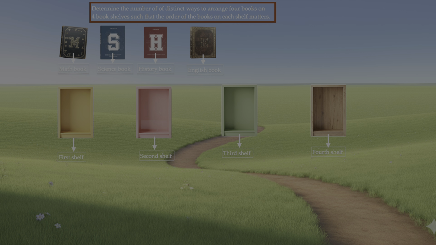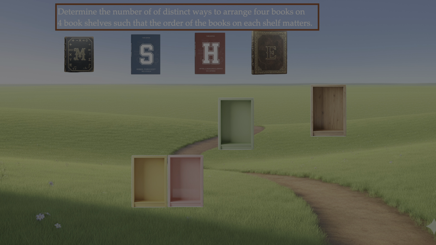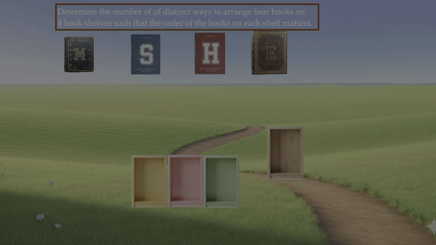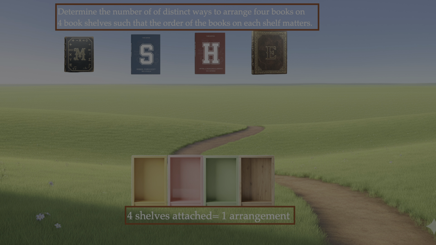Our goal is to arrange these 4 books, math, science, history, and English, onto 4 shelves, with the order of placement being important. We aim to place each of the 4 books onto 4 shelves, ensuring every shelf holds 1 book and all 4 books are used in each arrangement. Thus, each arrangement consists of 4 shelves, each occupied by one distinct book.